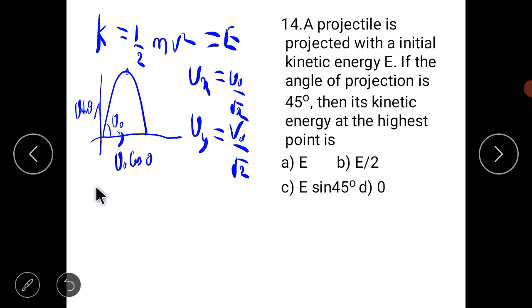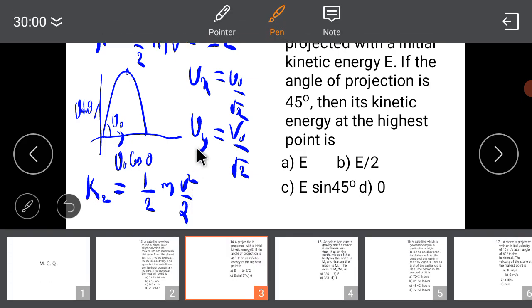Now see, at the highest point the kinetic energy, you can call it K2, is half m, v is v0 by root 2, squared it is v0 square by 2.